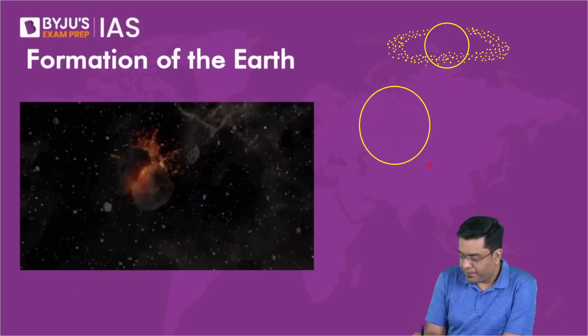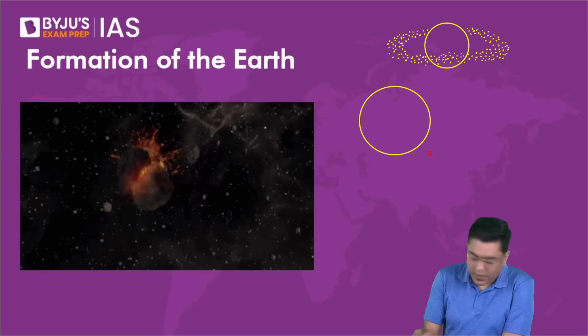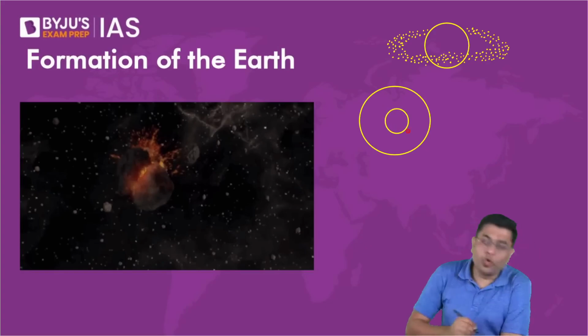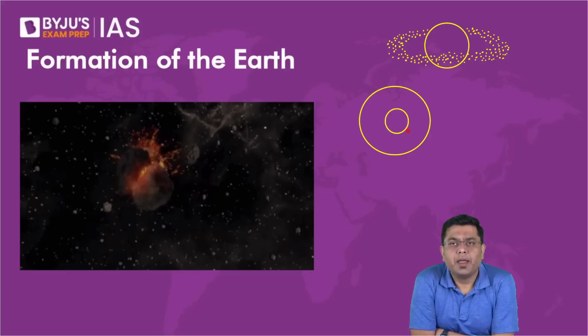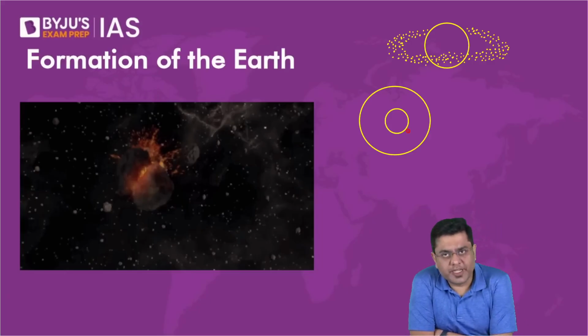Okay, it is still in the molten state. Now the cooling down process initiated. Now, here again, I want you to apply your logic. When I say that the cooling down process was initiated, where do you think it would have started?